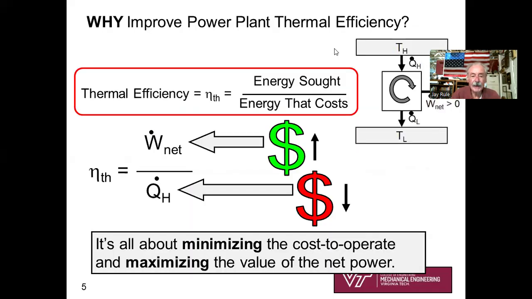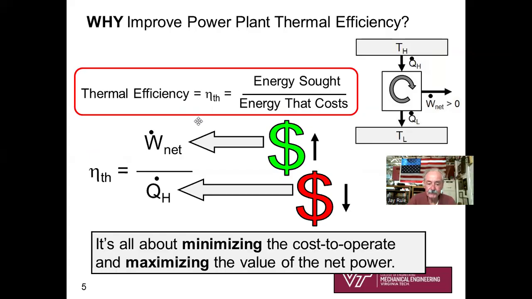And so why would we want to improve power plant thermal efficiency? Why would we want to do that in the first place? For me, once I went out and got a job and found out the reason I was working, it smacks you in the face. So the thermal efficiency is the energy sought over the energy that costs. And so why are we trying to maximize this number?